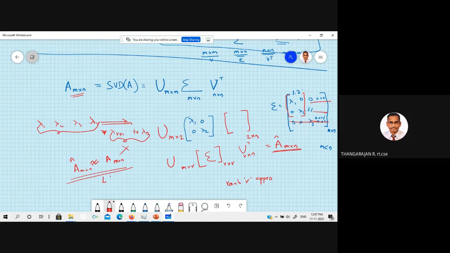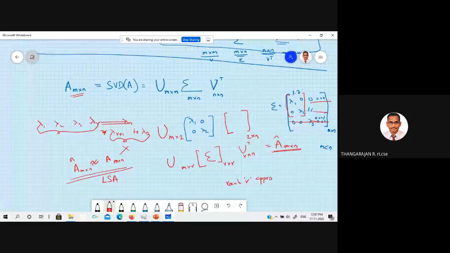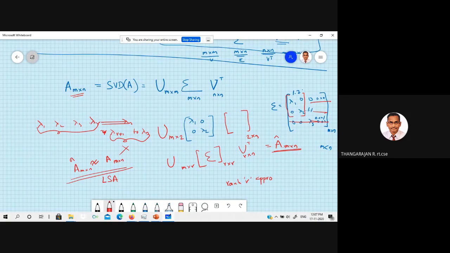We generally apply this in latent semantic analysis, LSA, as far as NLP is concerned.